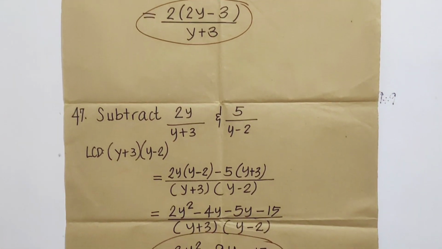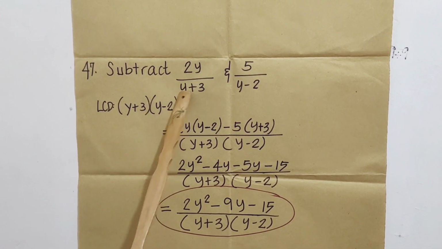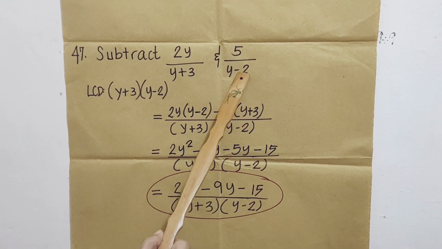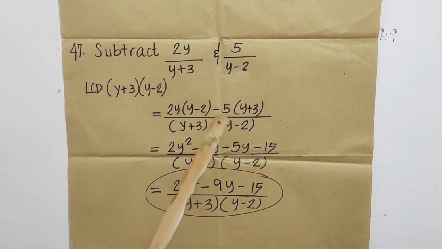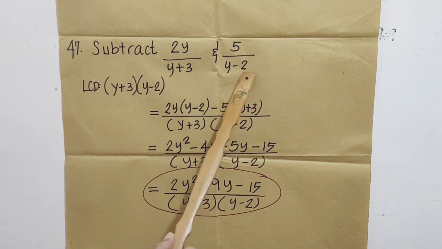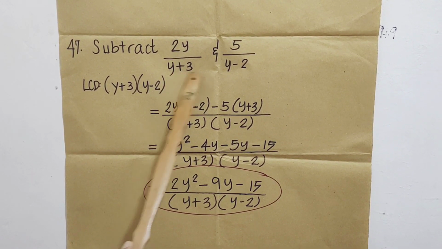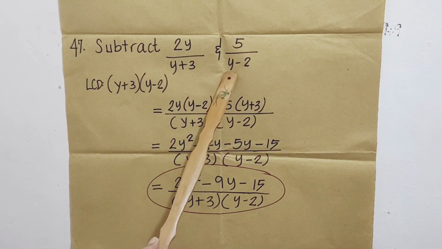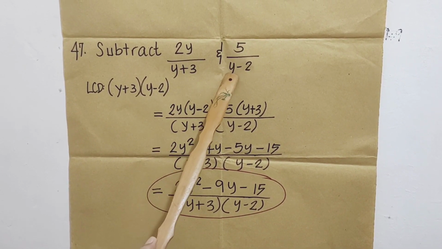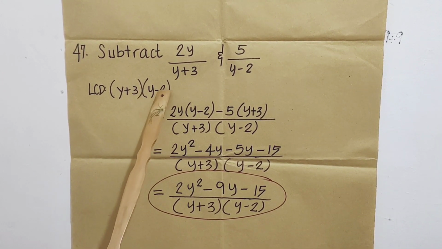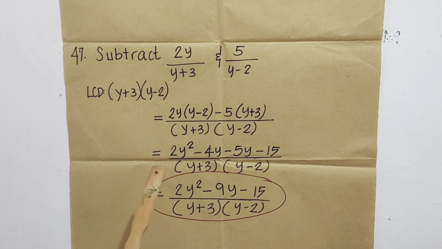Okay, next, number 47, subtract 2y over (y plus 3) and 5 over (y minus 2). Same process, we're going to find the LCD of these denominators since they are not the same. Since y plus 3 and y minus 2 are prime, we have to multiply them. So our LCD is y plus 3 times y minus 2.